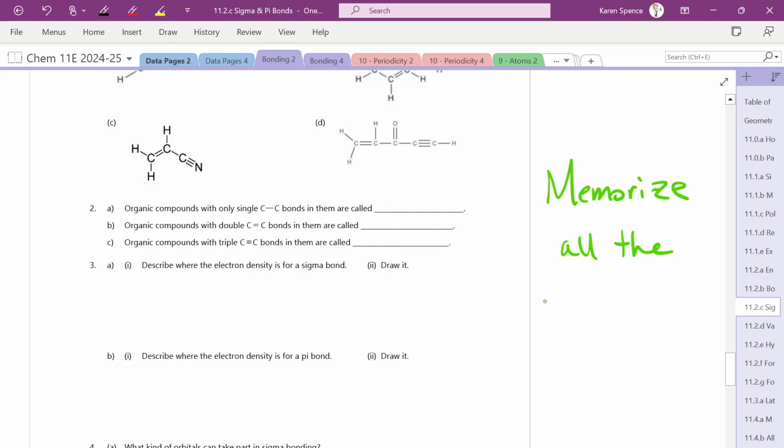Okay, so go and review your molecular geometries. Does anybody need a printout of the flashcard kind of thing? Yeah? Okay.